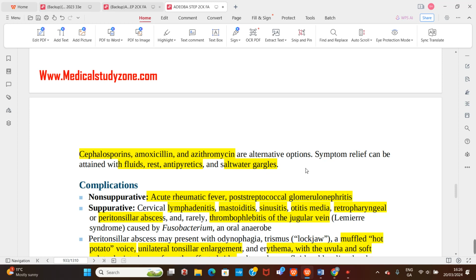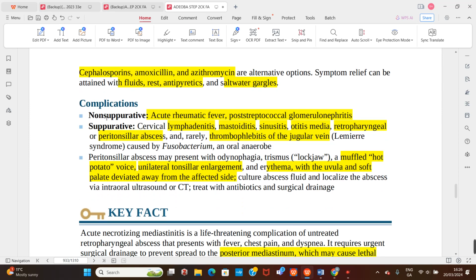So what are the complications of acute pharyngitis? It's been divided into two forms, suppurative and non-suppurative. Suppurative just means the one where the individual can form pus. The non-suppurative ones, there's no pus formation there. The non-suppurative ones are the ones that are shared with the immune, hypersensitivity kind of reaction, antibody involving.